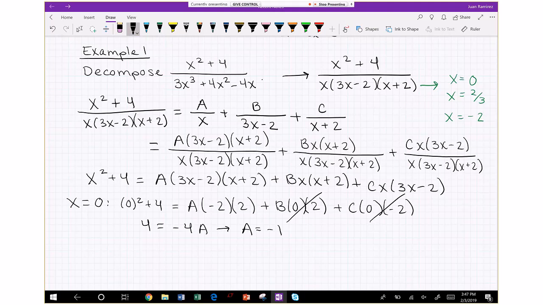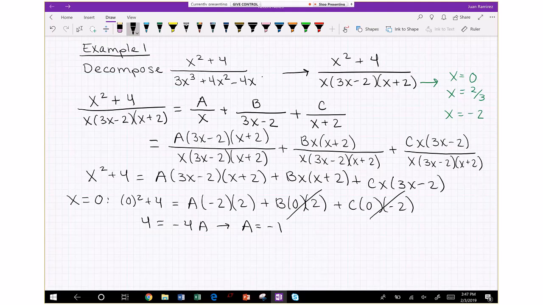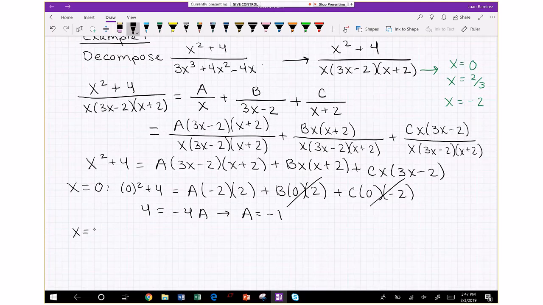So I just did x equal to 0. Now let's do x equal to negative 2. That gives us negative 2 squared plus 4 is equal to, the a term goes to 0, the b term goes to 0, and then c multiplies by negative 2 times 3 times negative 2 minus 2, which is negative 8.